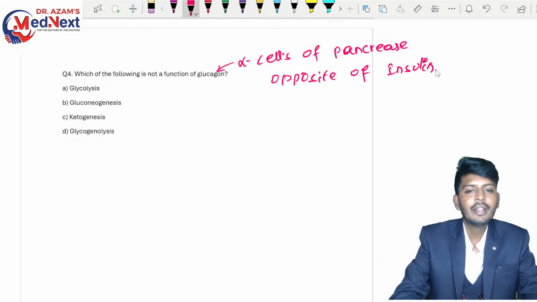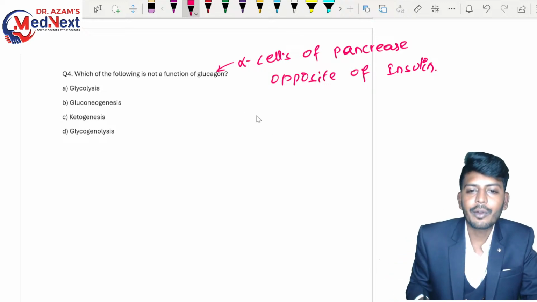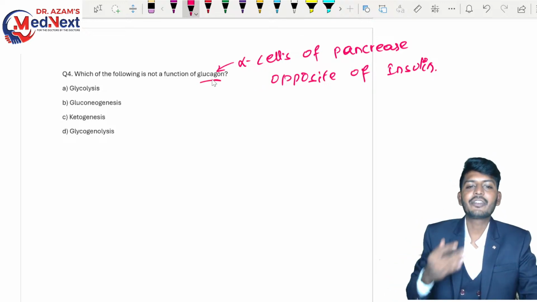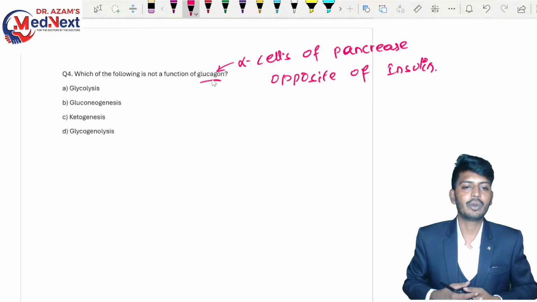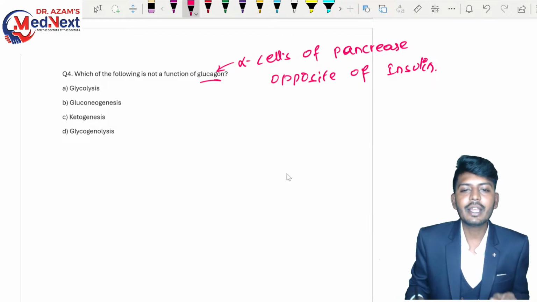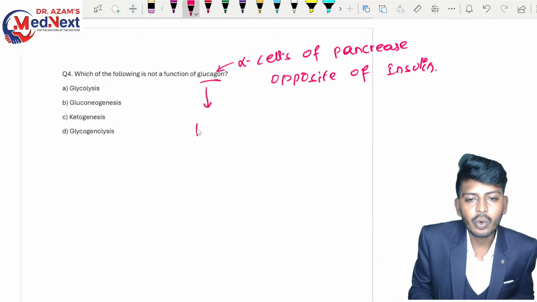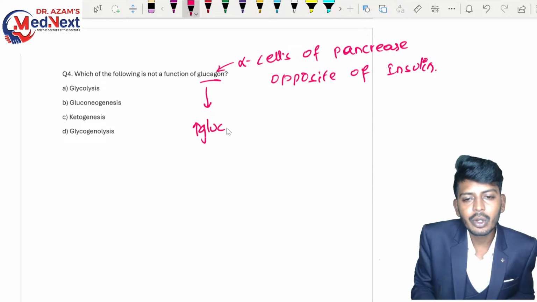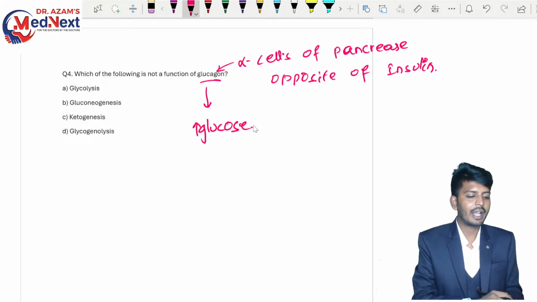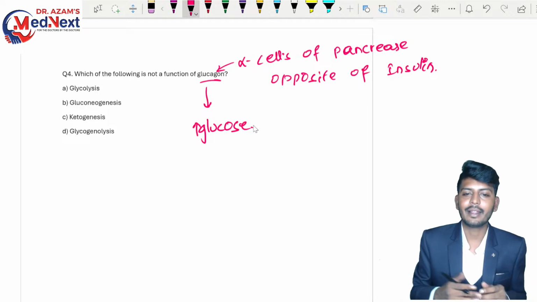Now, since glucagon does the opposite of insulin, it will increase the glucose. Glucagon increases glucose.